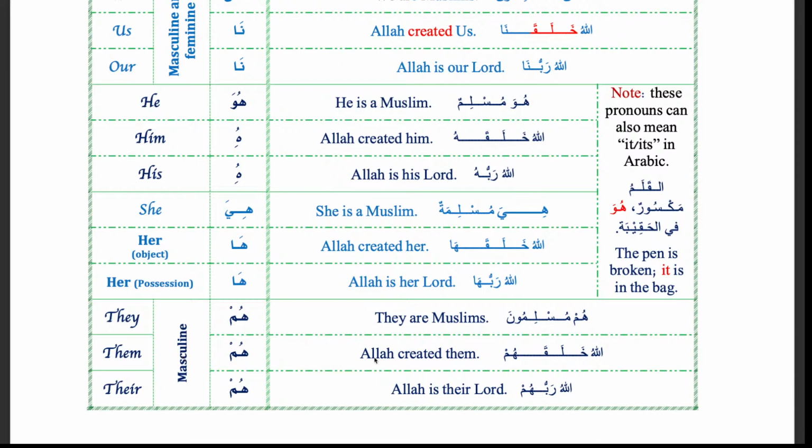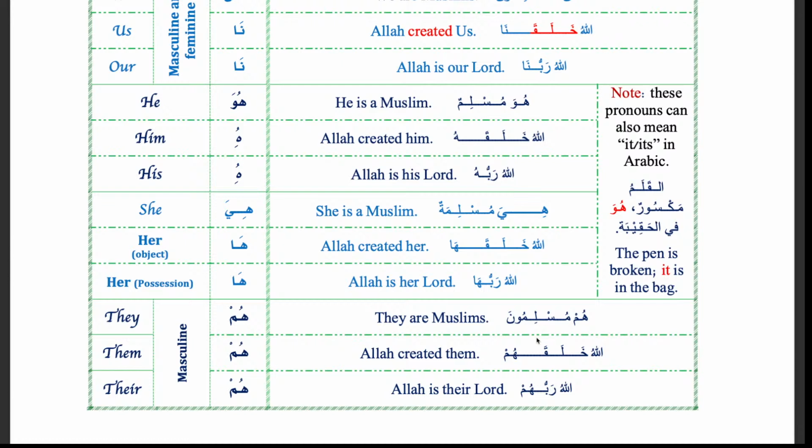Now the feminine form is what? Hunna. The feminine form is hunna, right? The same ha with a noon and a shadda instead of mim, right? In the next one, we're going to add that.